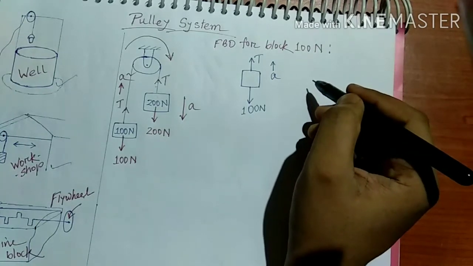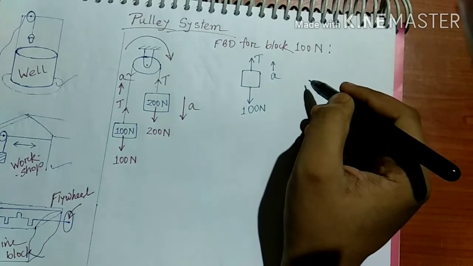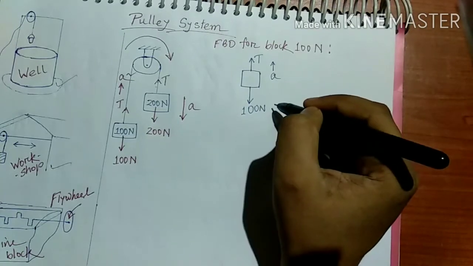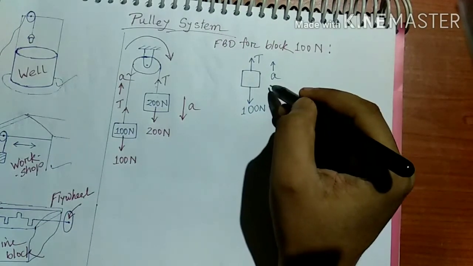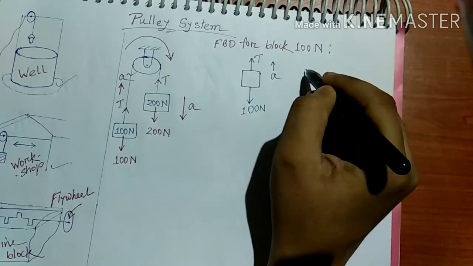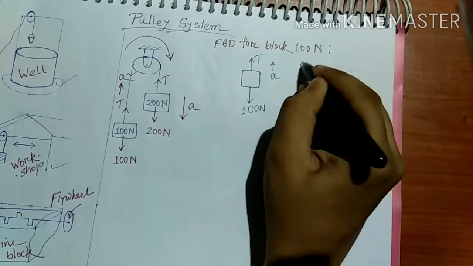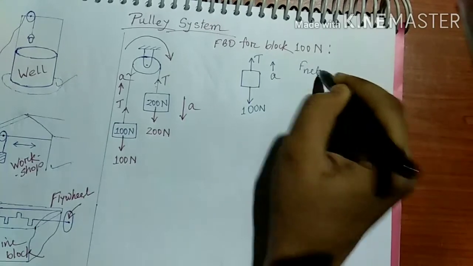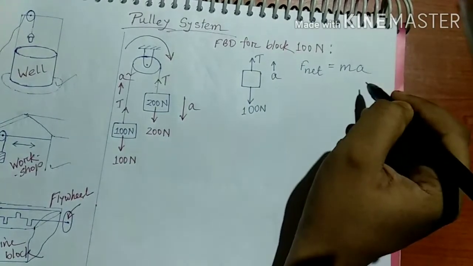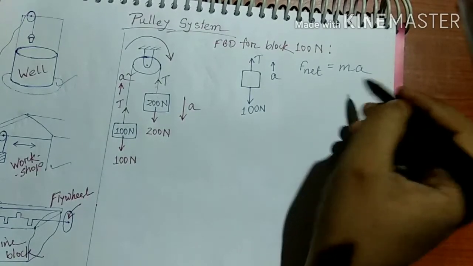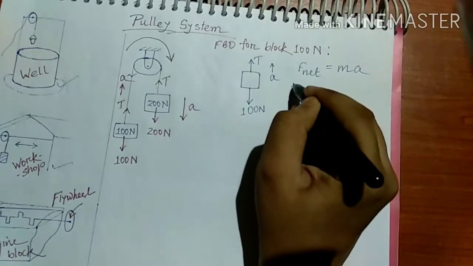Now can you tell me the equation of motion in this block? From Newton's second law, I can write net force is equal to mass times acceleration. So what is the net force here?